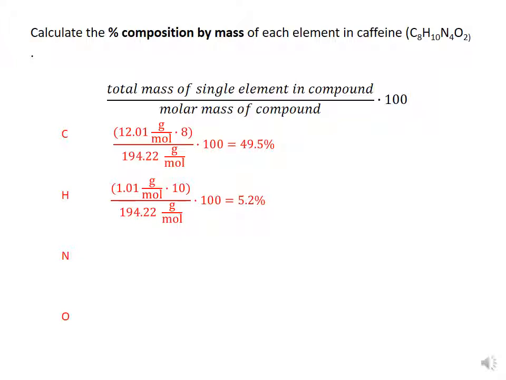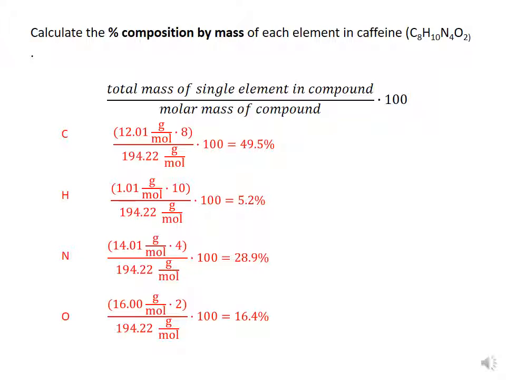There are 10 hydrogens in caffeine. Each hydrogen contributes a mass of 1.01 grams per mole. Divide by the total mass times 100. And we see that even though there are 10 hydrogens in caffeine, its contribution to the mass is just over 5%. We can carry out the same procedure with nitrogen, where there are 4 nitrogens, and we get about 30% mass contribution, and with oxygen as well.